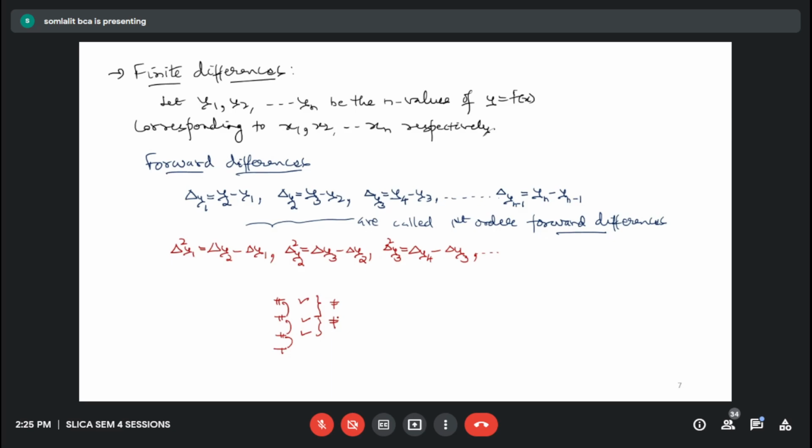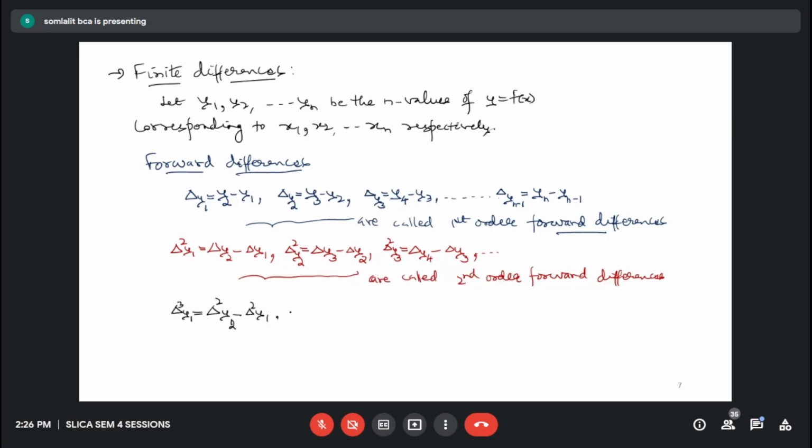Fine. The next one, now again you took the difference of these two, no? Delta square y2 minus delta square y1. Now again the difference of these two, that is delta square y3 minus delta square y2. Fine.